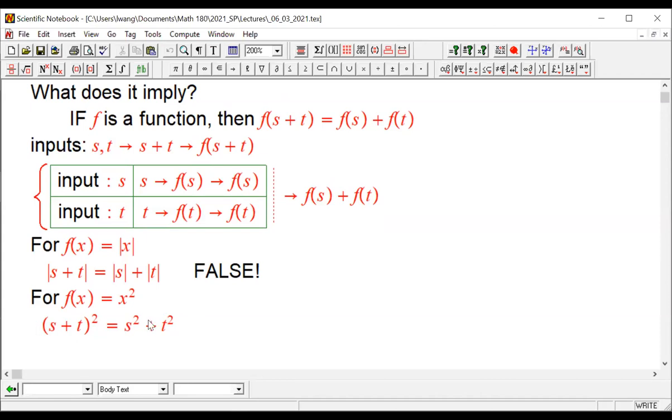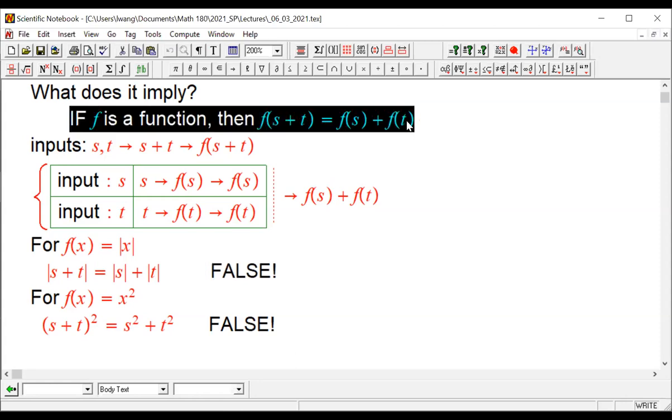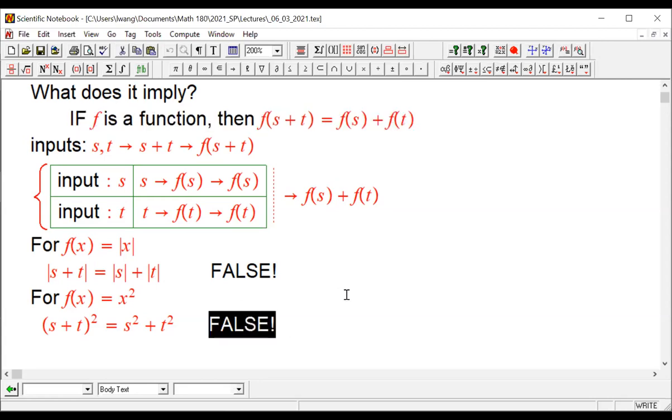So that's what it implies, right? That's false, we understand, right? So this statement, which is a bold, very general statement, is completely false, because false once is false.